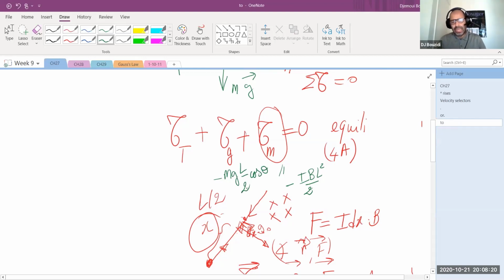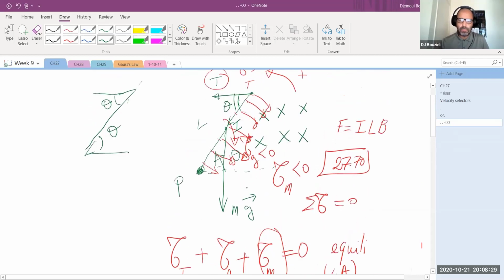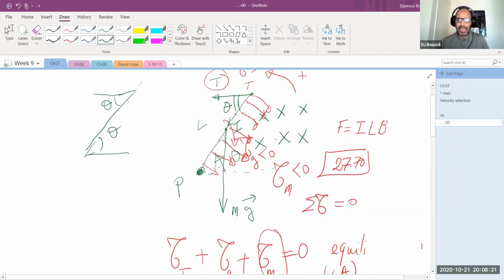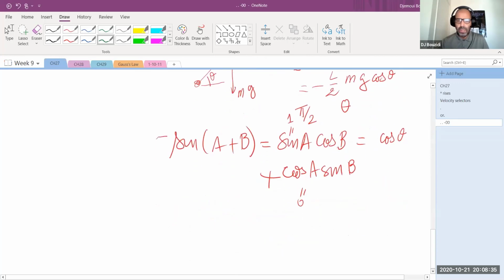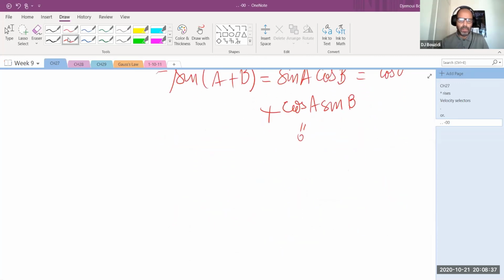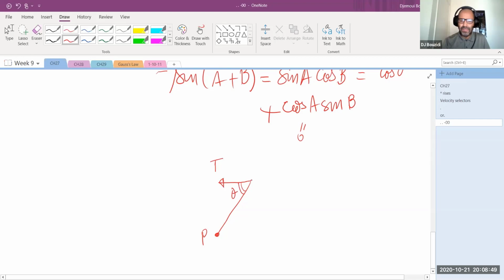The last torque that I need to find so that I can use this equation to find the tension is, as a matter of fact, the torque of the tension itself, okay? So here is where the tension is acting. Let me draw that picture again so that I can find that torque also. So we have the points. Here is P. The tension is acting in this direction from the geometry. This angle now is theta, okay?